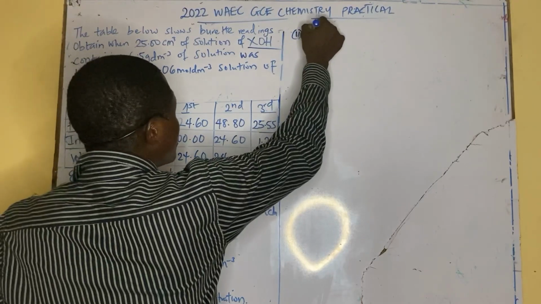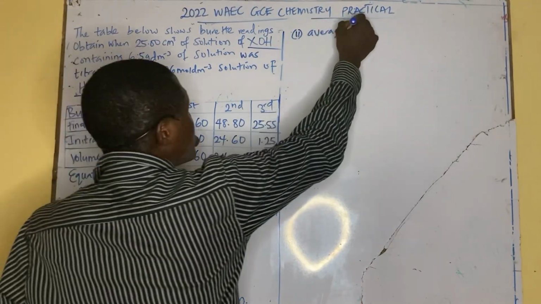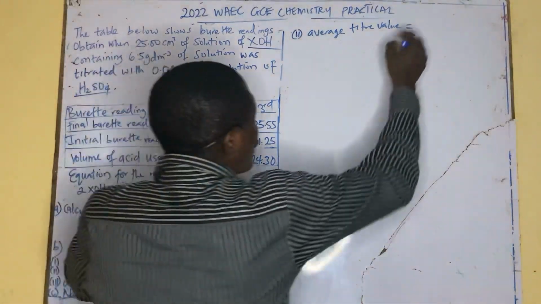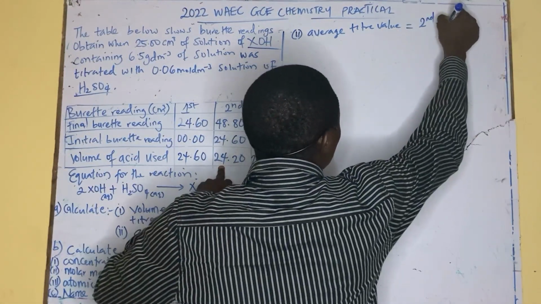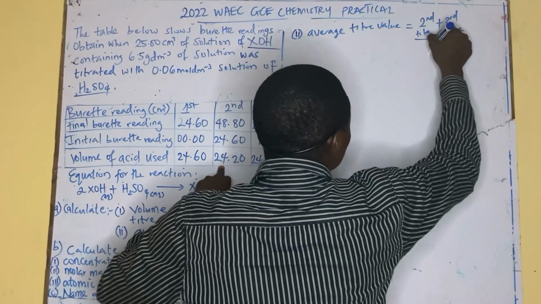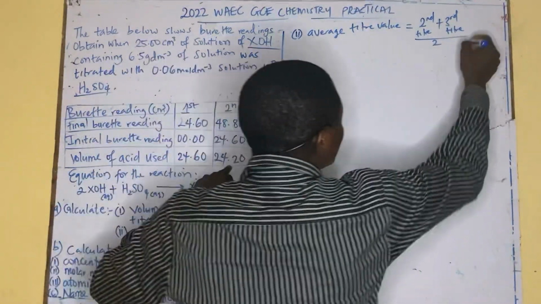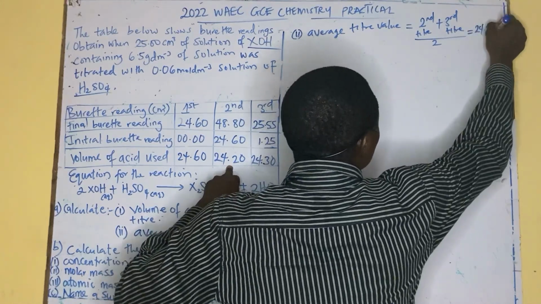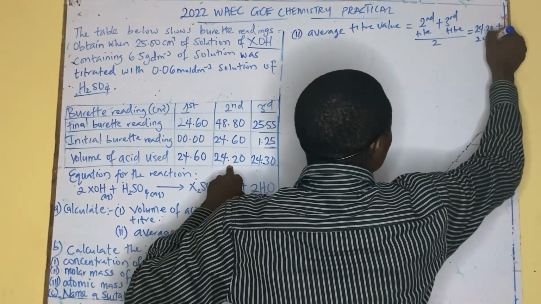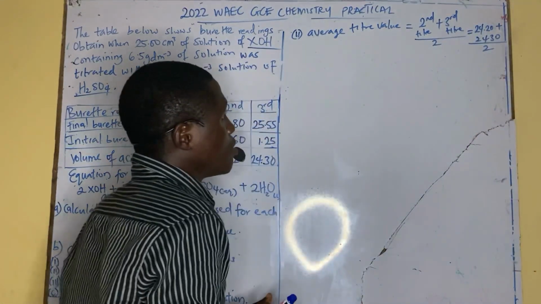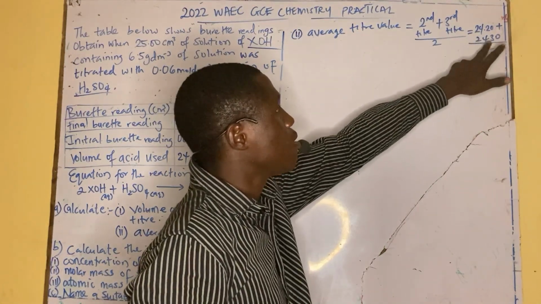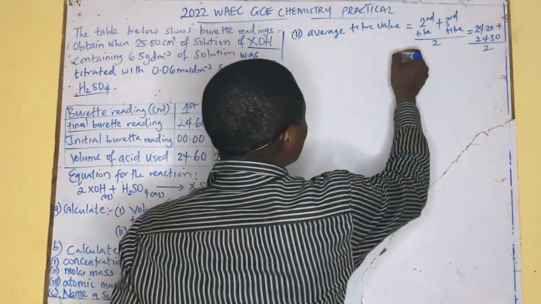So the average titer value will be equal to the second and the third titer, divided by 2. So 24.20 plus 24.30 divided by 2.